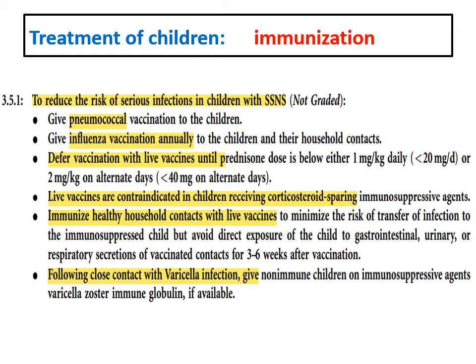Immunization in children should be given to reduce the risk of serious infections. Pneumococcal vaccination should be given. Influenza vaccination should be given annually to children and their household contacts. Live vaccines shouldn't be given until the steroid dose is below 1 milligram per kg per day.